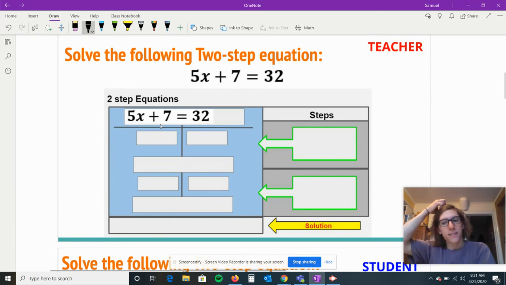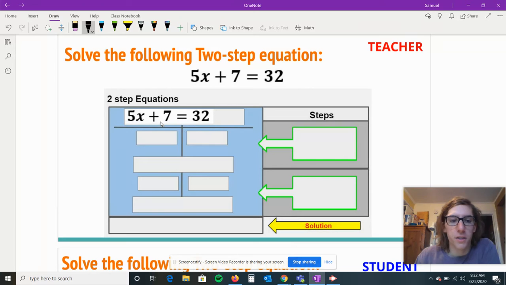We need to, again, ask the same question we did the other day, which is, how do we isolate the variable? How do we get x by itself? If you remember what we learned before, we have to do the inverse operations, which means the opposite operations. To get the variable isolated, to get x by itself, we have to do the opposites.